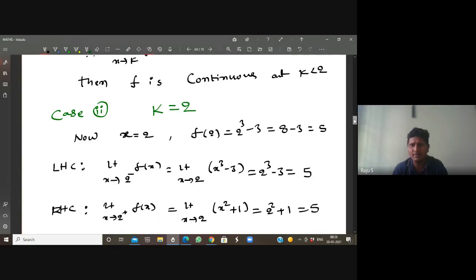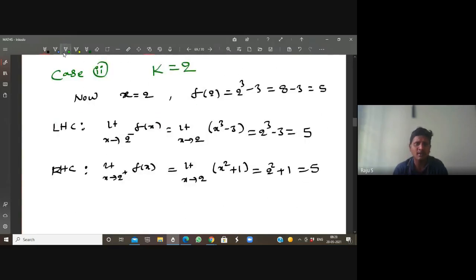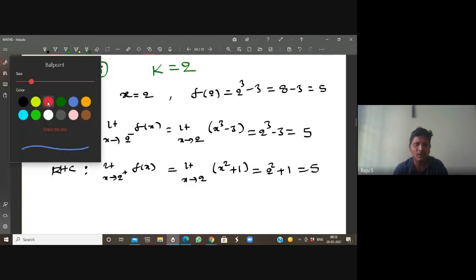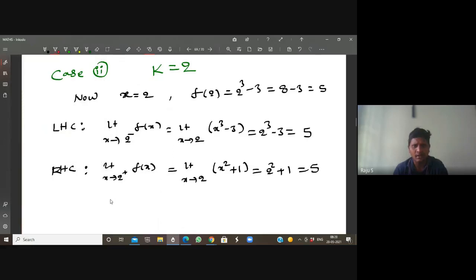So what did you understand here? In case 2, clearly the left hand limit should be equal to the right hand limit, which should be equal to f of 2. Here you should write limit x tends to 2 minus f of x.